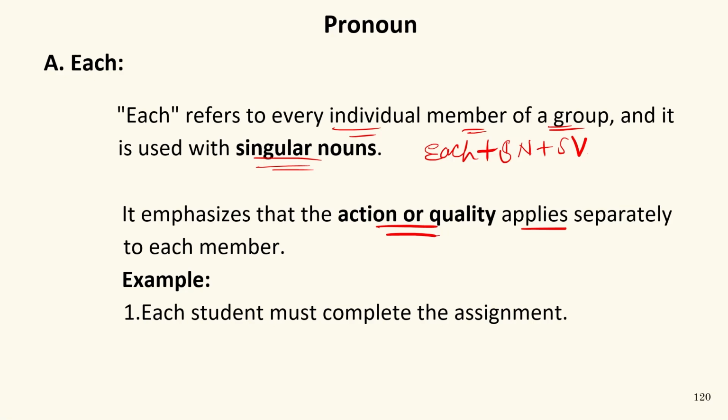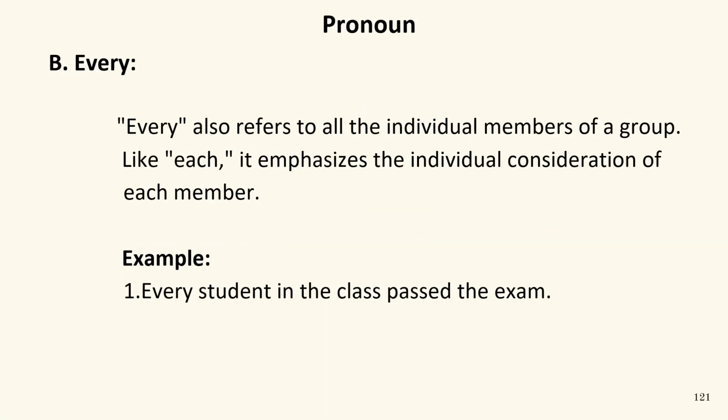For example, each student must complete the assignment. It means this assignment has been given to each student individually and each student has to complete it individually, not as a group. Now, every also refers to all individual members of a group.